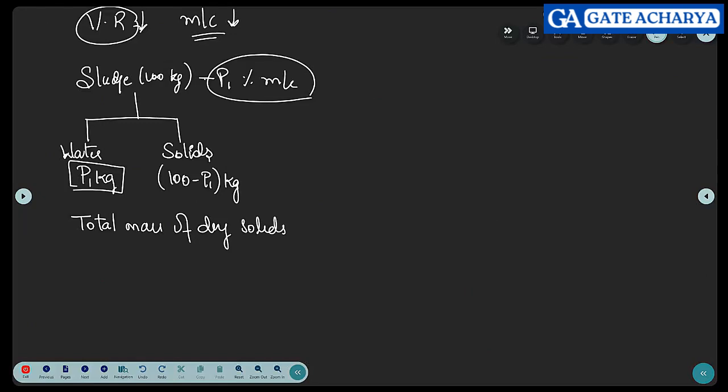Total mass of dry solids in 100 kg of sludge is 100 minus P1 kg.